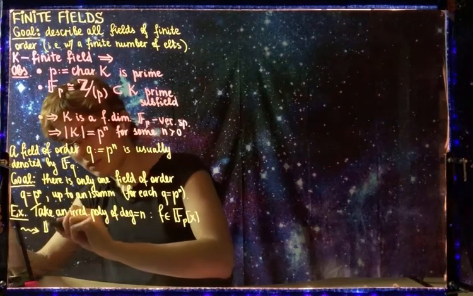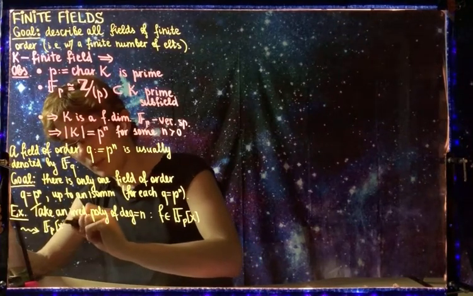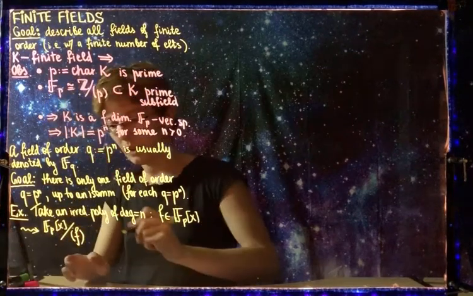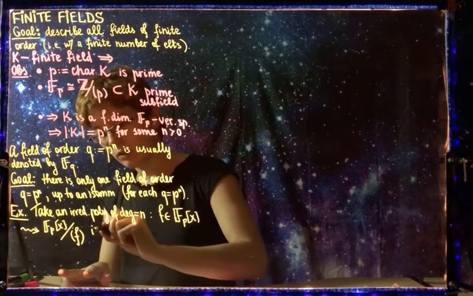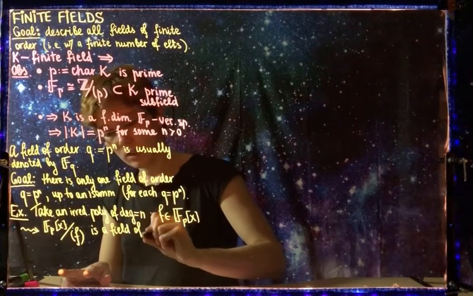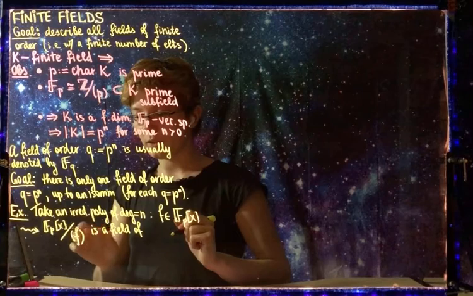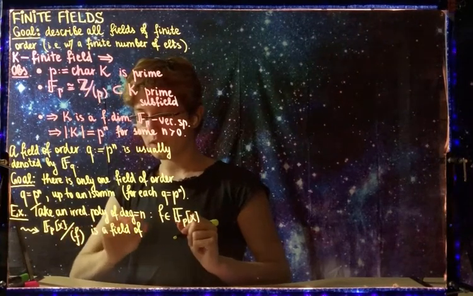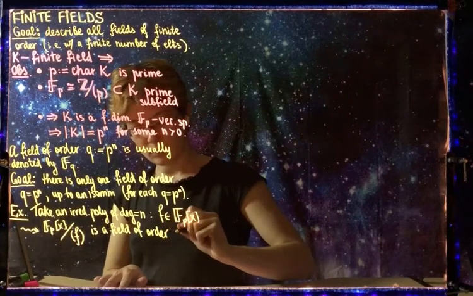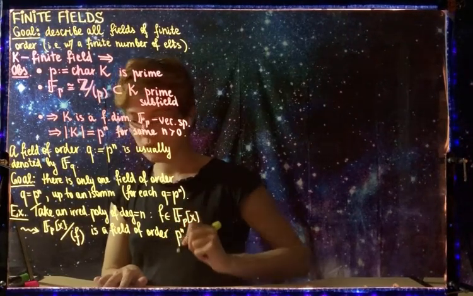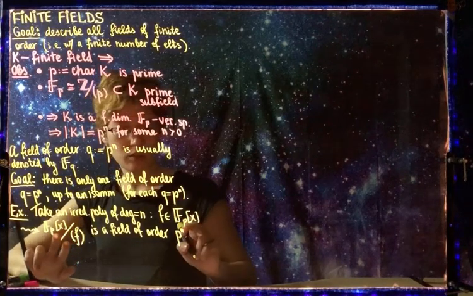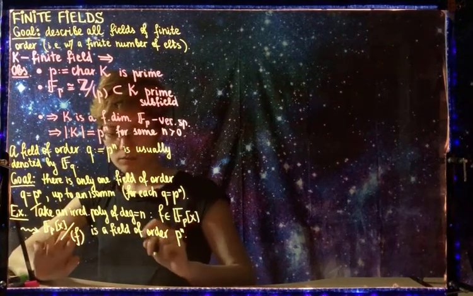Then Fp[x] mod out by the ideal generated by f will be a field, and the number of elements will be exactly p to the power n. So the order of the field is p to the power n, because this is a field extension over Fp of degree n.